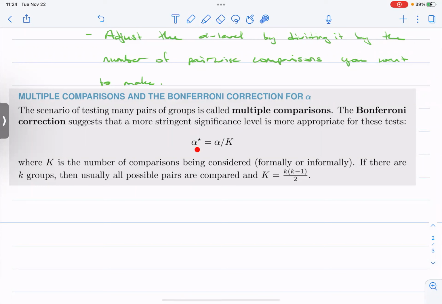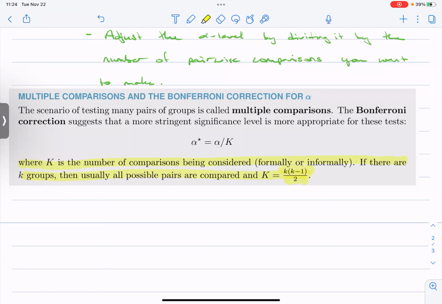So we use this adjusted alpha level where we take the original alpha, 0.05, divided by K, capital K, where capital K is the number of comparisons being considered, where if there are lowercase k groups, then usually all possible pairs are compared, and K is going to be k times k minus 1 divided by 2. Tricky with the upper and lowercase k's, but there it is. So usually you consider all the possible groups.